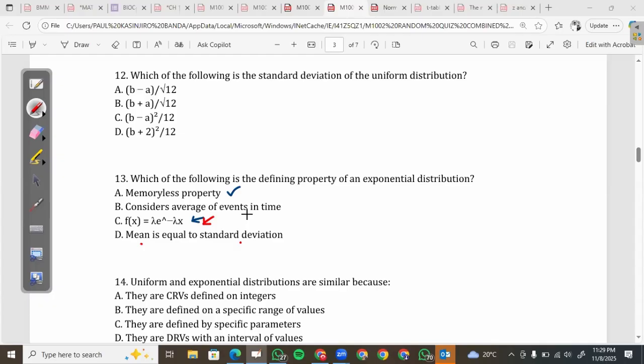Simply meaning that it tells us we should forget the past. It forgets the history. It just depends on the current state and not the past. That's what the memoryless property states. But maybe they can ask you to state it in terms of a formula, okay?